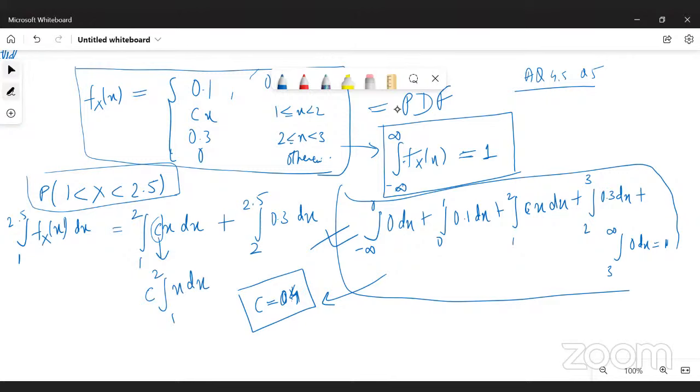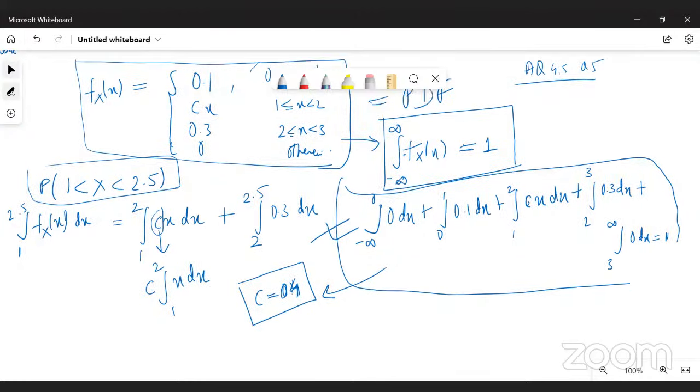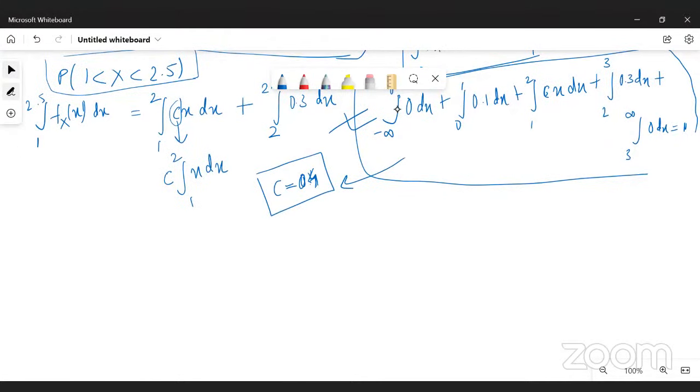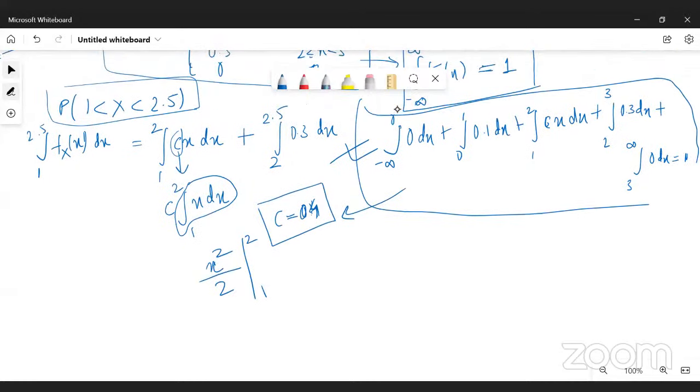X square by 2. So you just solve it, put in the range, and you will get your answer. The same thing you will have to do here. So it is going to be plus 0.3x, where x lies between 2 to 2.5.